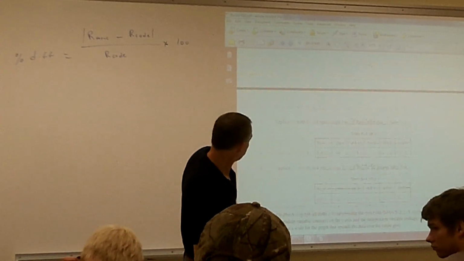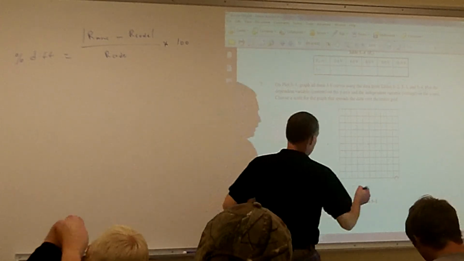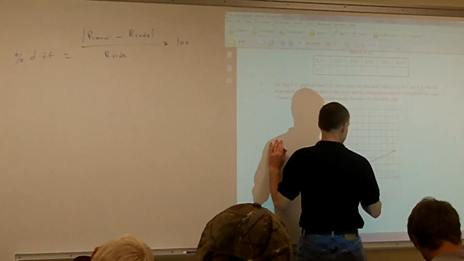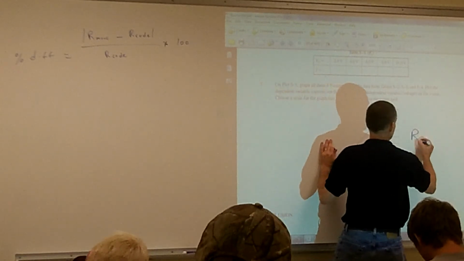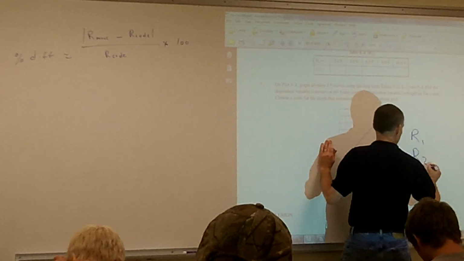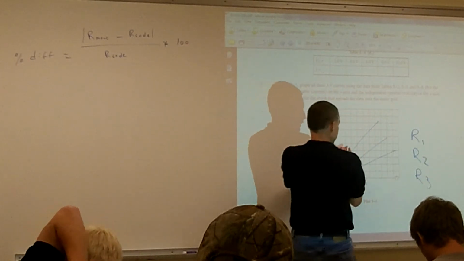And again, we're going to do it with 3 different resistors. So on this graph, when you're getting it graphed out, you're going to have 3 different series: R1, R2, and R3. Remember, those are our series.